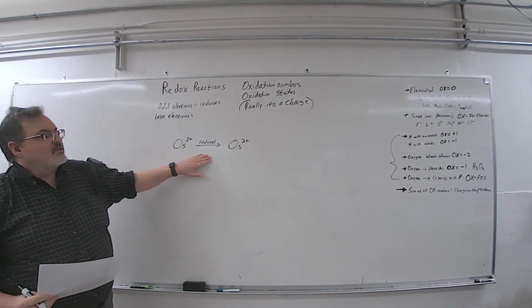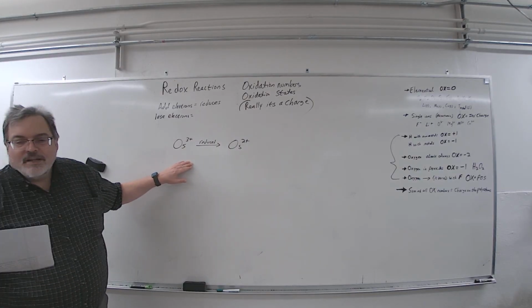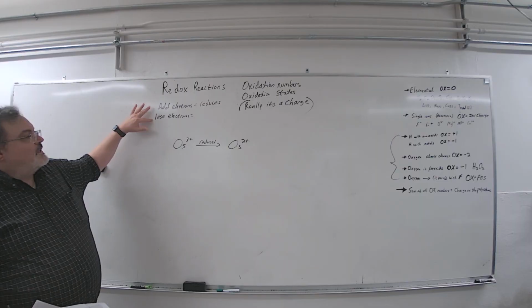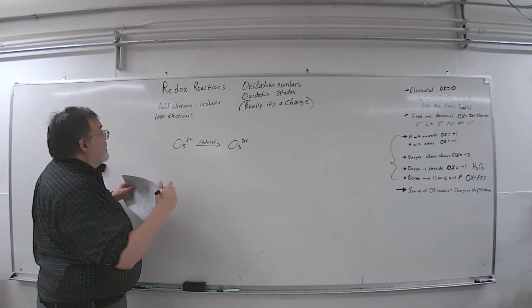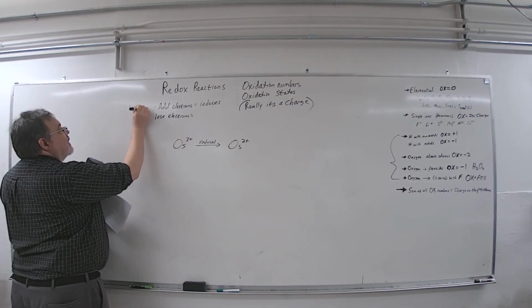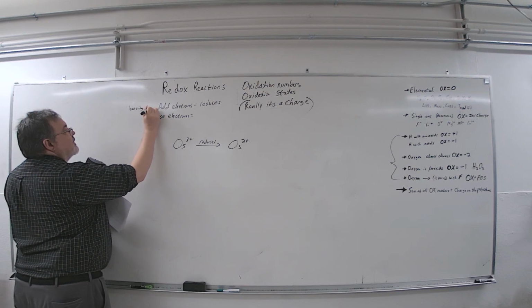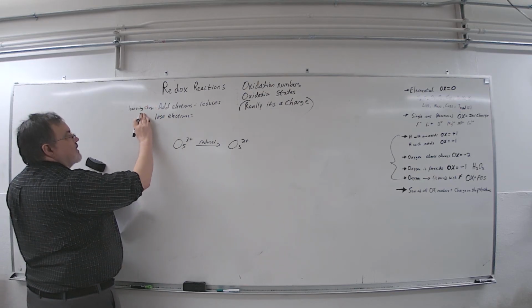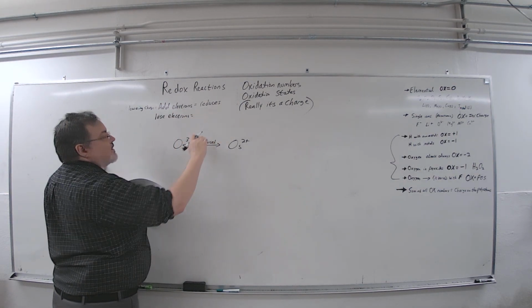What's occurring across this arrow here is called reduction. But think in terms of the charge to help you keep these two straight. If you're adding electrons, you're lowering the charge. If you're lowering the charge, you're adding electrons. You're reducing the charge.